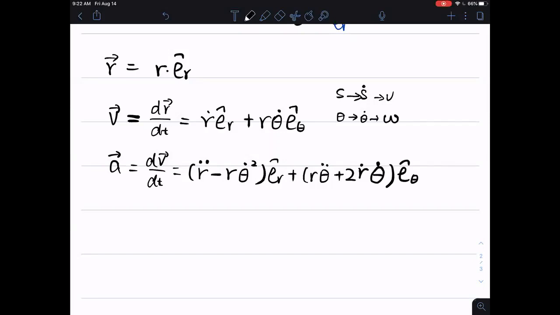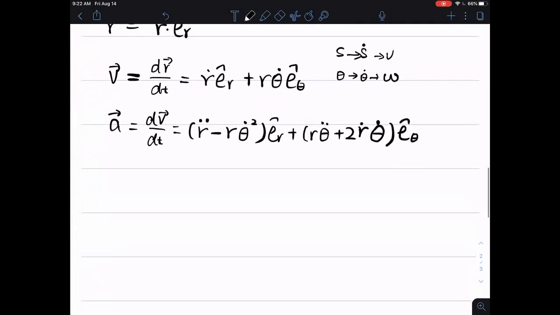All right. Like I said, I promise you're gonna love this. Don't you love this equation? Beautiful, right?